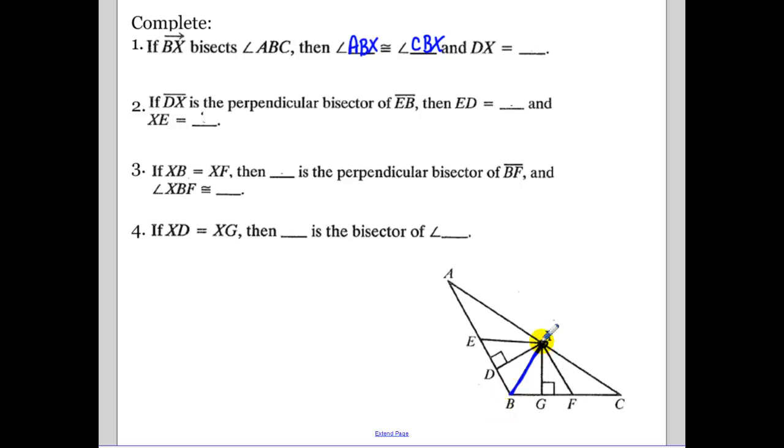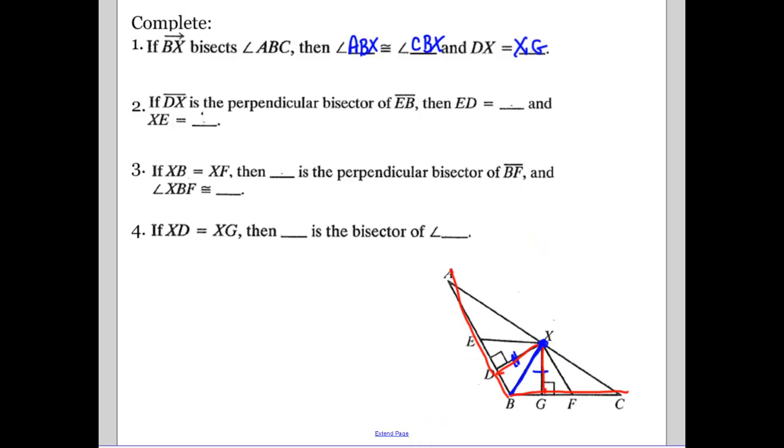I have a point on my angle bisector that is perpendicular to one side of my angle. So therefore DX is going to be equal to XG, because X is on my angle bisector, BC is one side of my angle, AB is the other side. When I draw my perpendiculars, they're going to be equal.